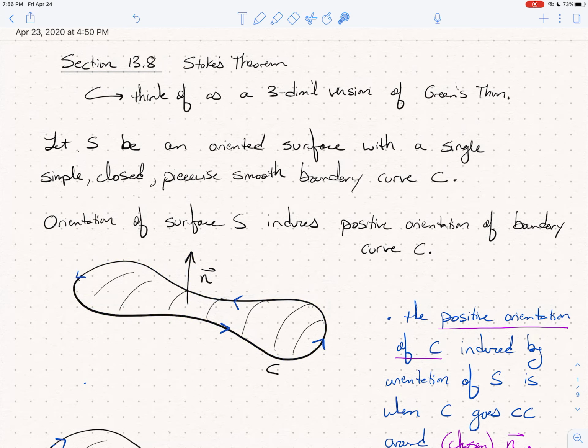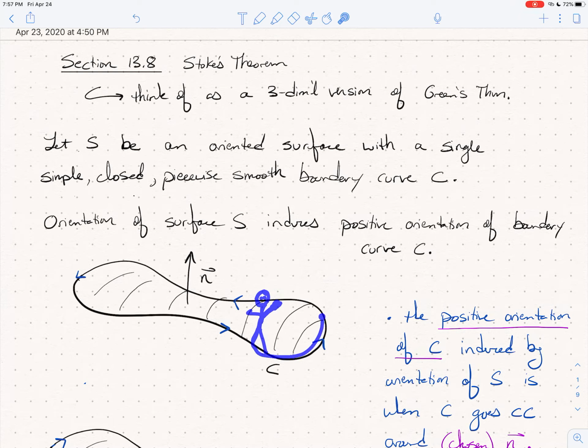Your book describes it a little differently. I'll mention the way they talk about it. They say, imagine that you're walking along the curve, and your up as you stand is the same direction as the normal vector. So my head is pointing in the direction of the normal vector. As I walk around the curve, I'm going in the positive direction if my left hand is reaching into the surface.